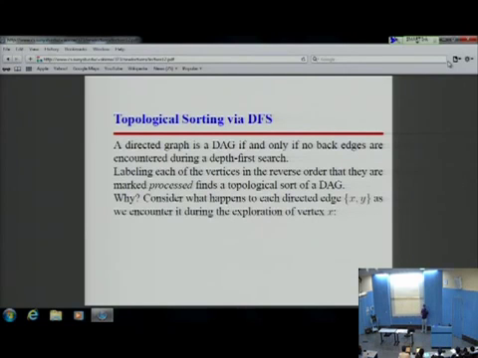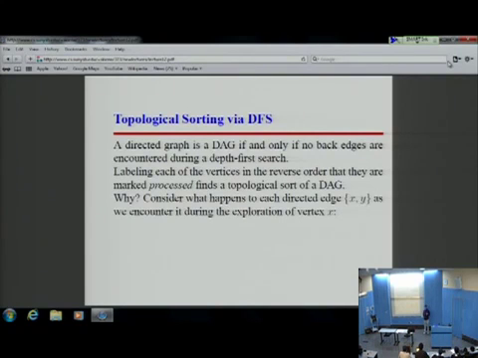Because we're visiting every edge once, we're visiting every vertex a constant number of times. Any questions about that? Wait, you said n times m. I meant n plus m. This is a plus. It is linear in the number of vertices and the edges, not quadratic. Any questions about that?